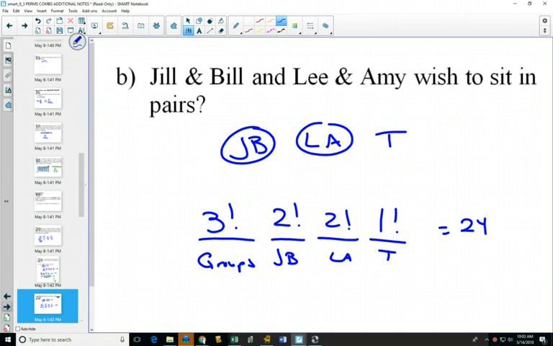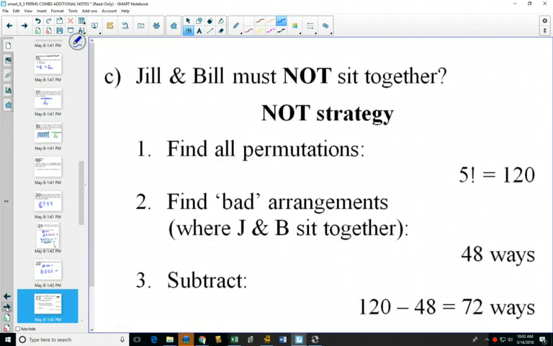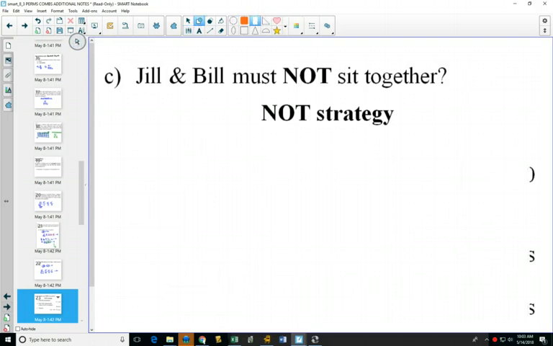Now, part C, something happens, you can use your imagination, and now Jill and Bill must not sit together.